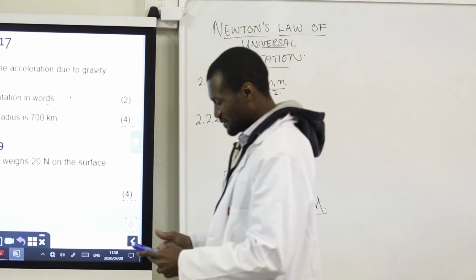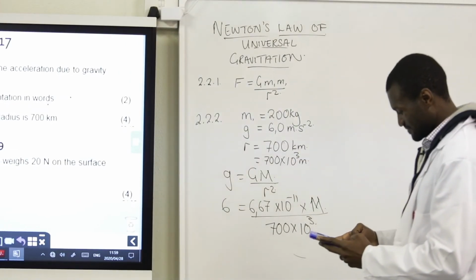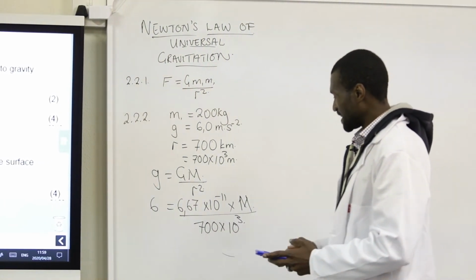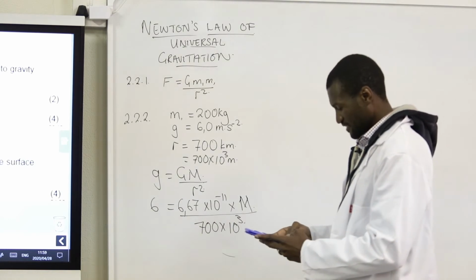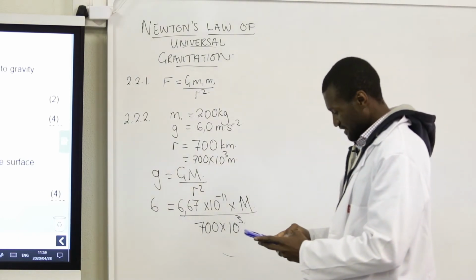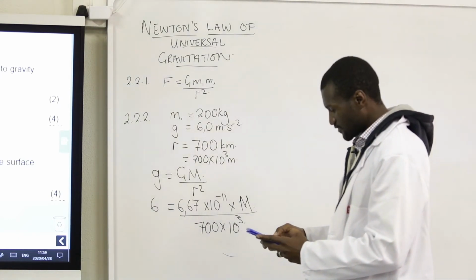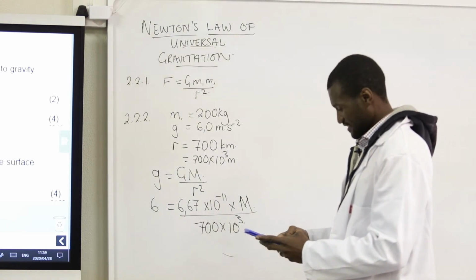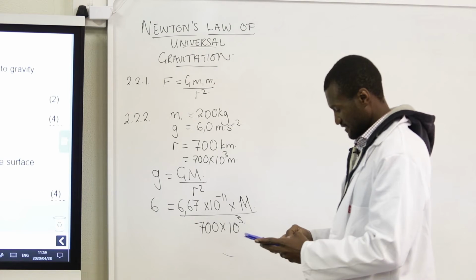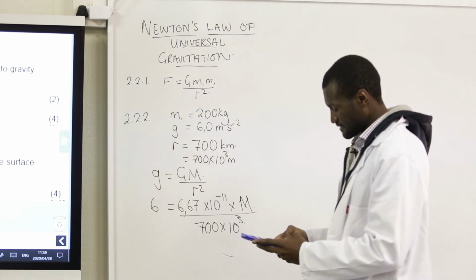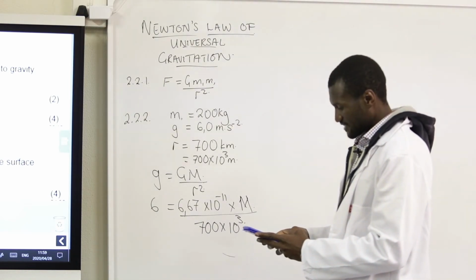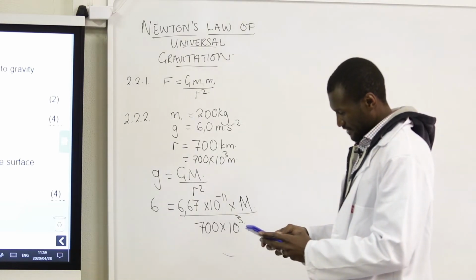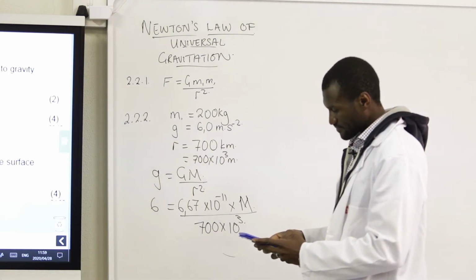Yes, here is my blue baby. What am I looking at? Cross multiply and then divide. So 6 times 700 times 10 to the power of 3, divided by 6,67 multiplied by 10 to the power of negative 11.